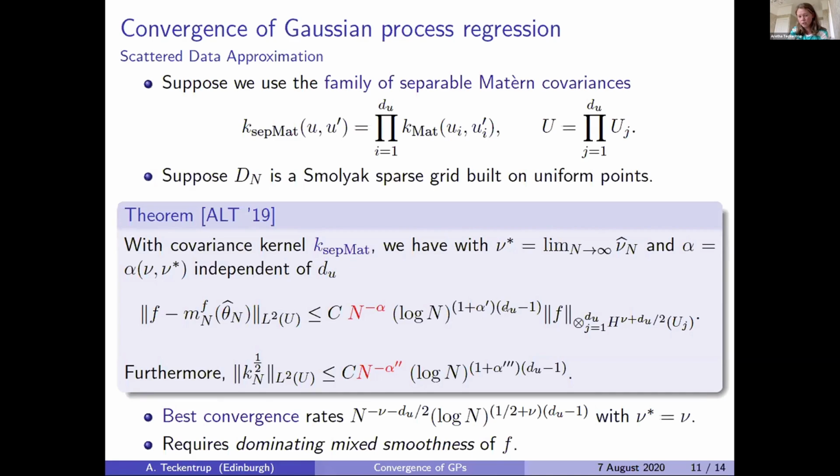The dimension does appear in the log factor of n, but the rate that you get in n only depends on the smoothness of your function f, how many derivatives your true function f has, and then what you're estimating. The new star would be the smoothness of your basis functions in the kernel. So up to the log factor, you get something that is dimension independent. If you're estimating the smoothness correctly, then this is the rate that you get.